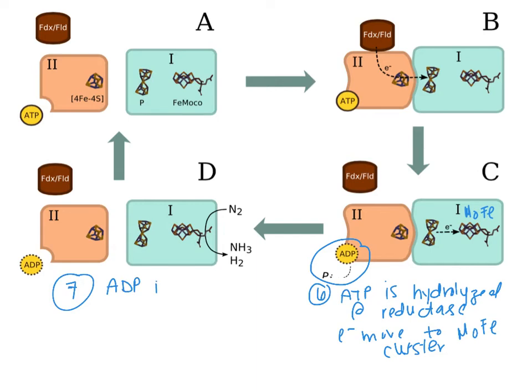Again, 2 more things are happening here. ADP is released, which dissociates the 2 subunits from 1. The 2 subunits separate. And then N2 is reduced to NH3.